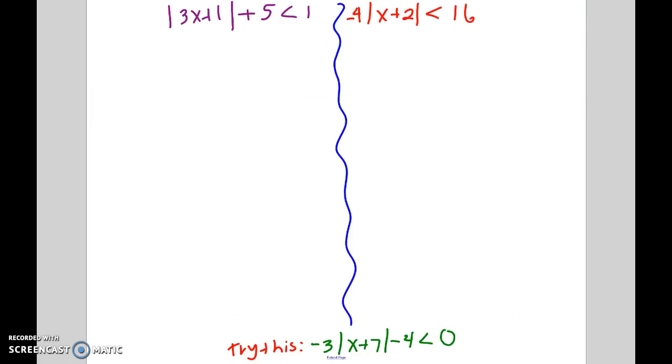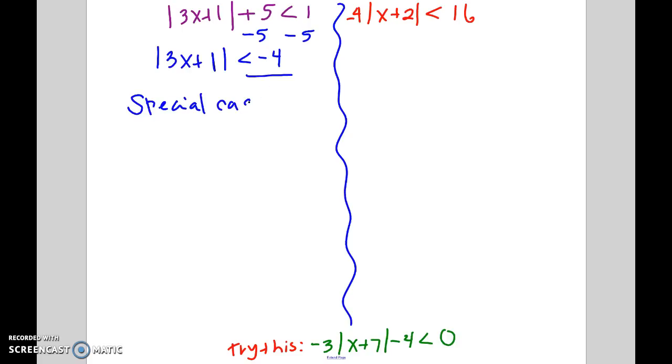So let's take a look at these special cases. If you look at the first one, we have to again get the absolute value alone. So I'm going to subtract 5. So that gives me 3x plus 1 is less than -4. So I have a less than and a negative number here, which means this is a special case.